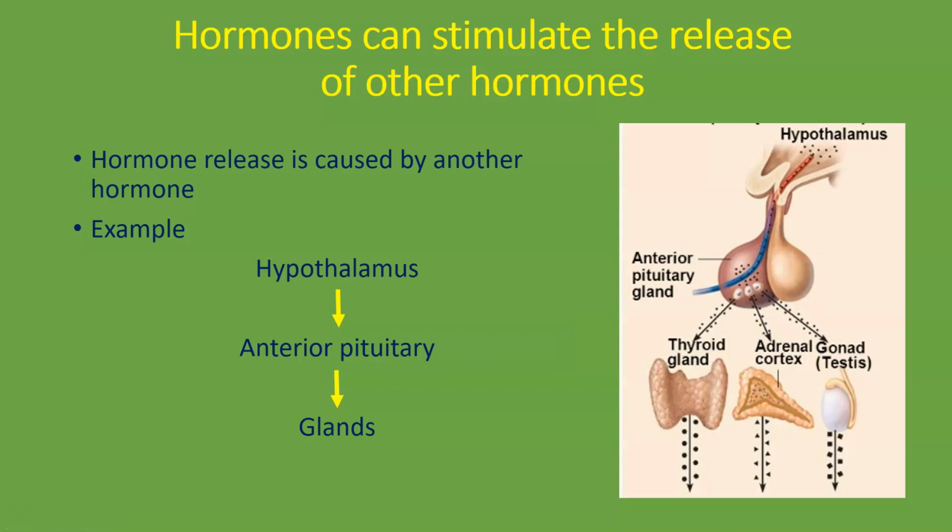And in the picture here, you can see that the anterior pituitary is going to stimulate directly the thyroid gland, the adrenal cortex. Again, not to be confused with the adrenal medulla, which is in the middle of the adrenal cortex. And then, for instance, the gonads, and here we're looking at the testis, but there are other glands that the anterior pituitary gland is going to affect with its hormones as well.